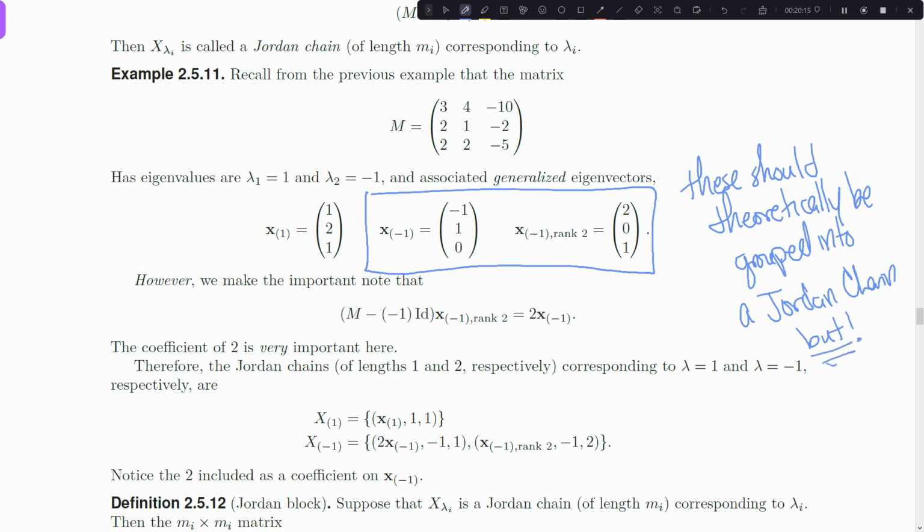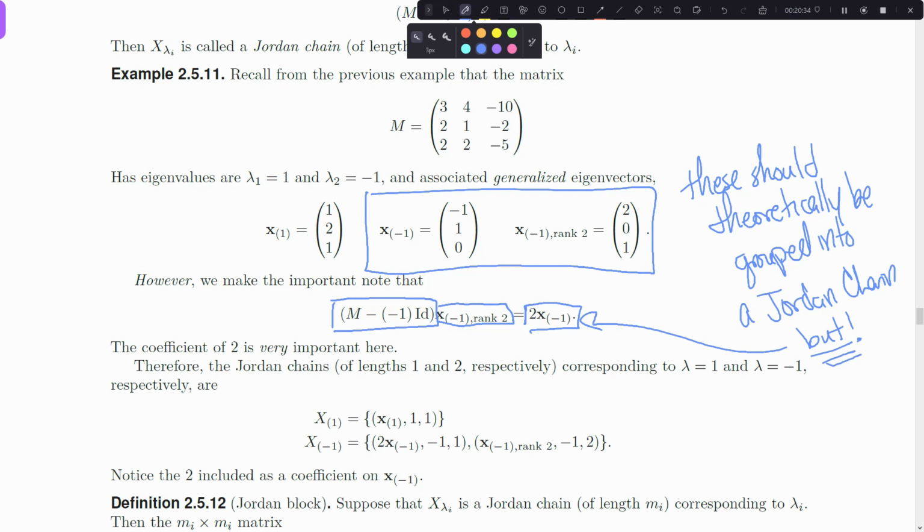but if I act the eigenvalue matrix on my generalized eigenvector, I gain twice the original eigenvector. And that's totally fine, but I just have to account for the 2.